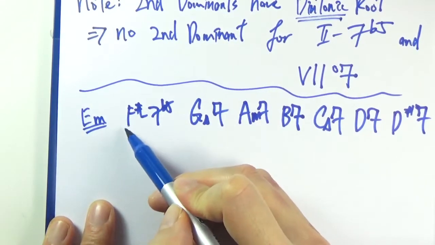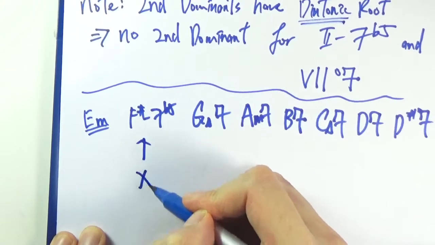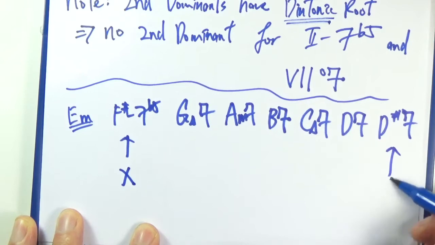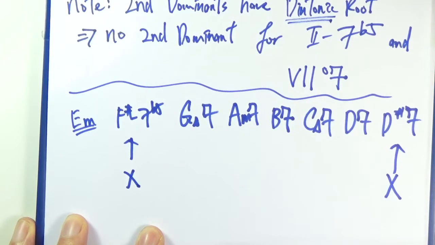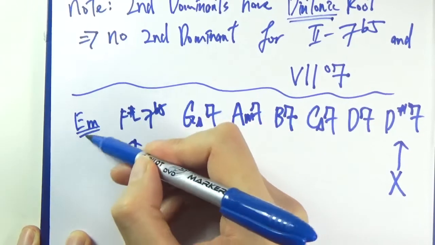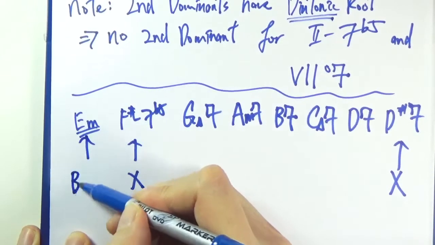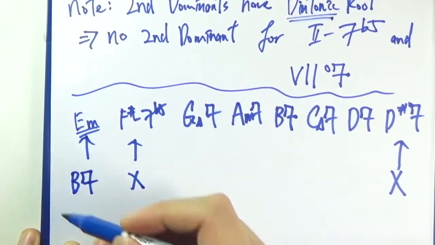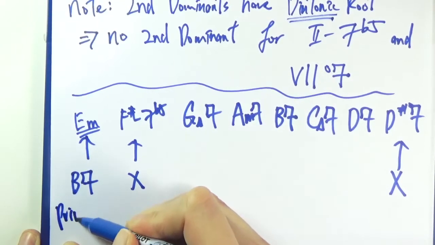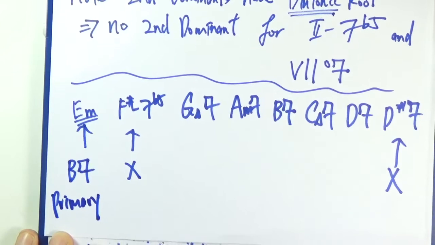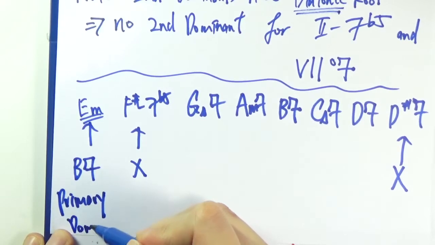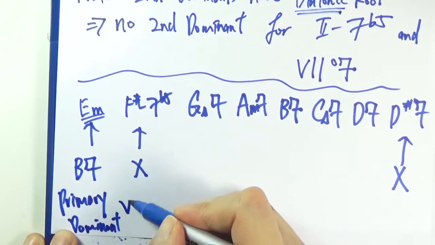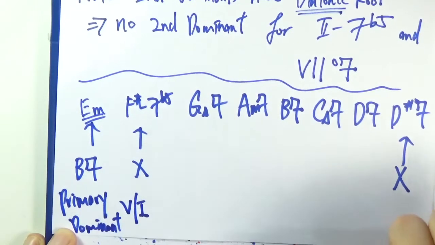So you won't have a dominant 7th for the minor 7 flat 5, and also the D sharp diminished 7. So, and then for E minor, you'll have B dominant 7th. All right, and that's your primary dominant. All right, and we call that the 5 of 1, or 5 dominant 7th of 1.